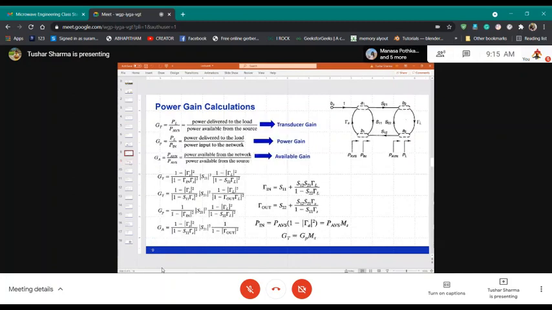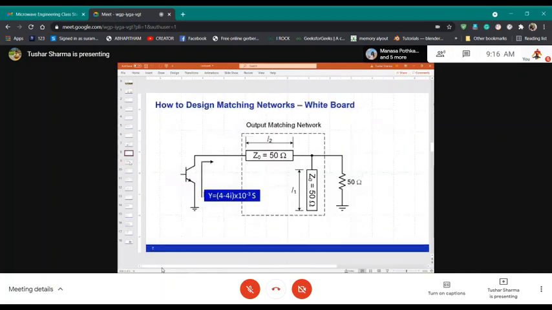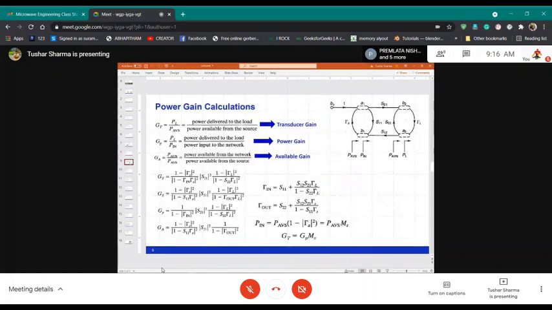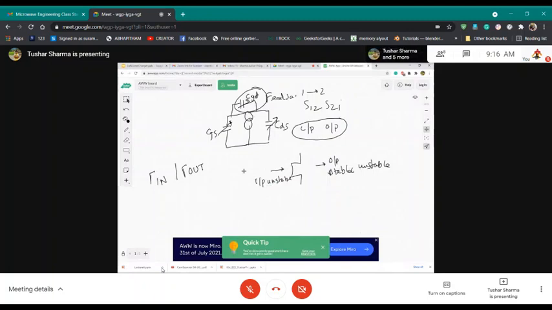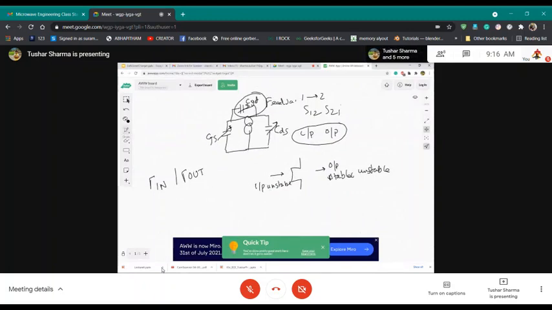Try to understand this thing, because a lot of the time this is not very obvious. People might think, okay, I have a transistor, I have some input impedance looking into the transistor, but what I'm saying is that gamma in is not just dependent on the input of the transistor, it is also dependent on what load, what gamma L, you are terminating at the load of the transistor.